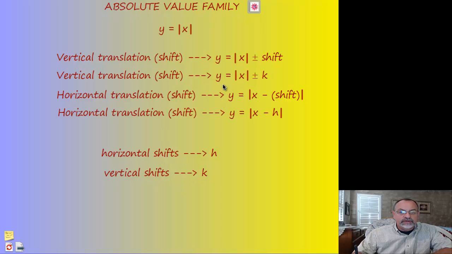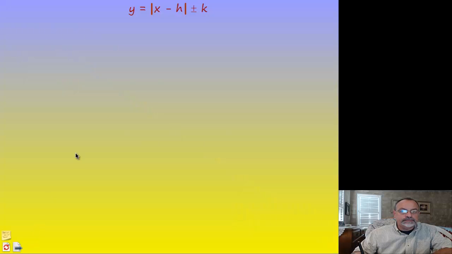So if we look up here at this equation, a vertical shift is going to show up as a plus or minus K, and K is just the number on the outside. The horizontal shift is going to show up on the inside of the absolute value, and that's going to be H. So again, H and K, we're going to see that all year long, because we're going to continue to use horizontal shifts and vertical shifts when we're looking at these families of functions.